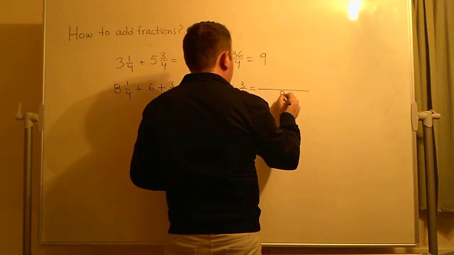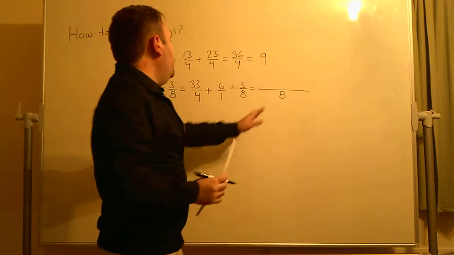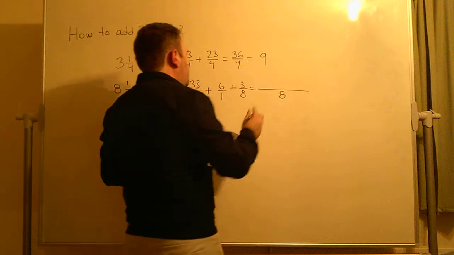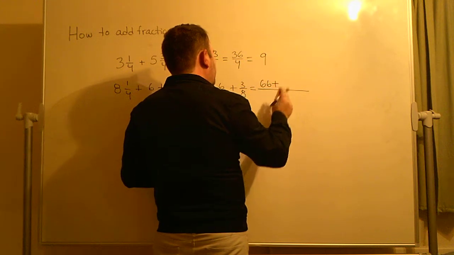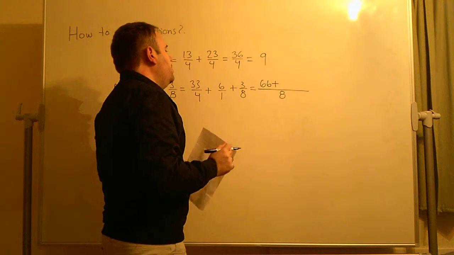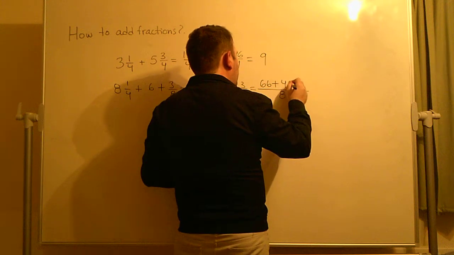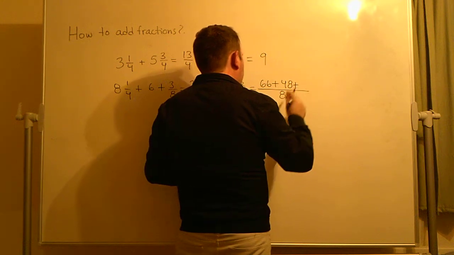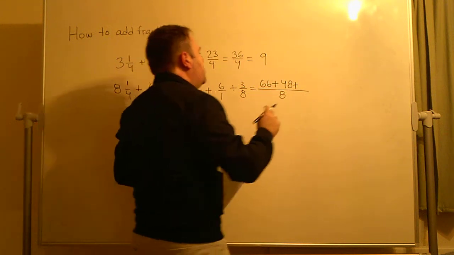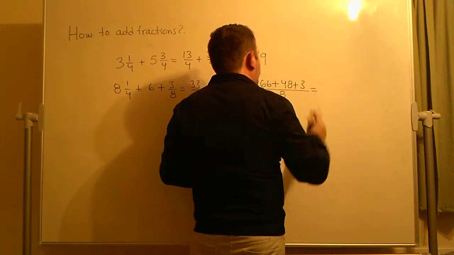So this is 8. 8 divided by 4 is 2 times 33 is 66 plus 8 divided by 1 is 8 times 6 is 48 plus 8 divided by 8 is 1 times 3 is 3.